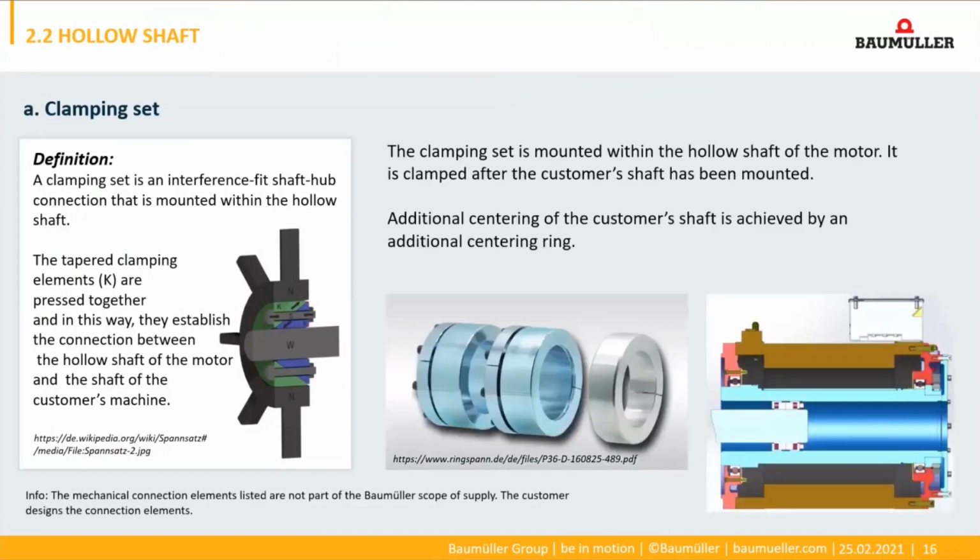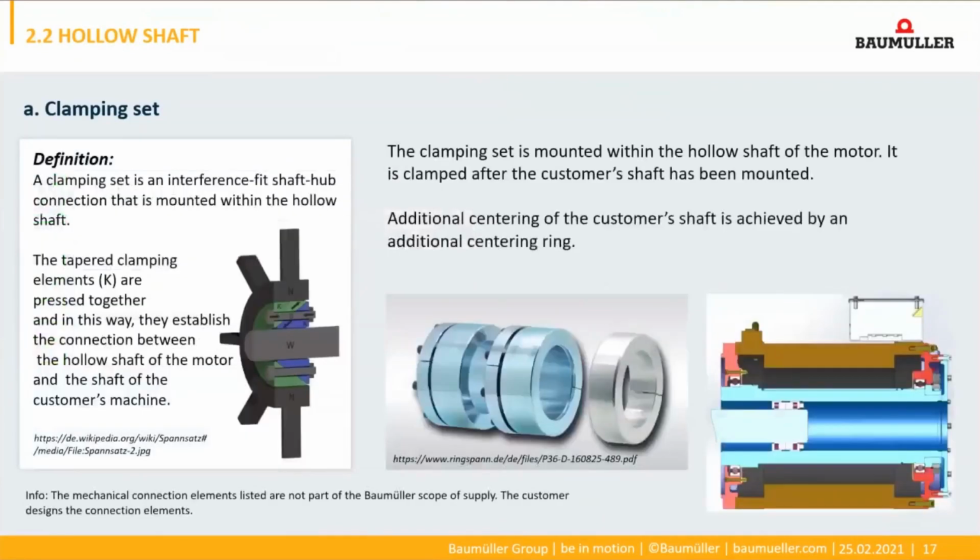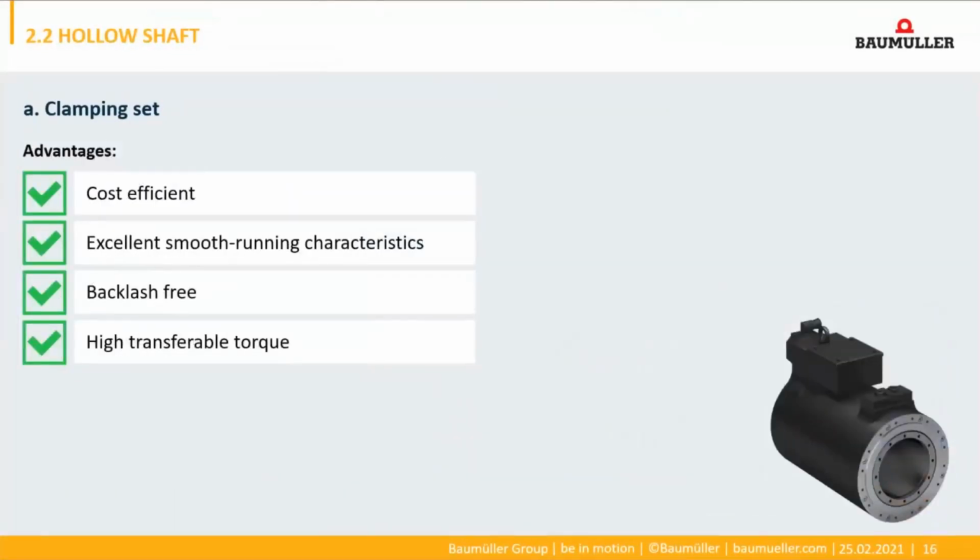Here you can see how the clamping set is mounted inside of the hollow shaft. Additional centering of the machine shaft is achieved by a centering ring. The advantages are cost efficiency, excellent smooth running characteristic, backlash-free, and high transferable torques, which is necessary for our high torque motors.